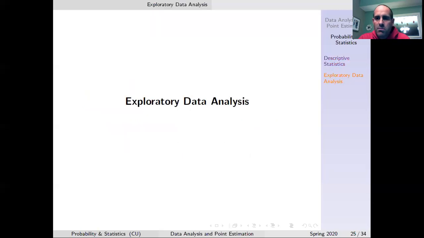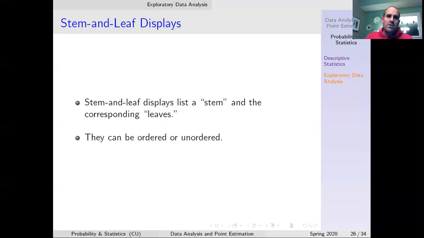Now I want to talk a little bit more about other ways that you can look at data, collect it, analyze it. Okay. So histogram's probably the most common way to display data in a meaningful way.